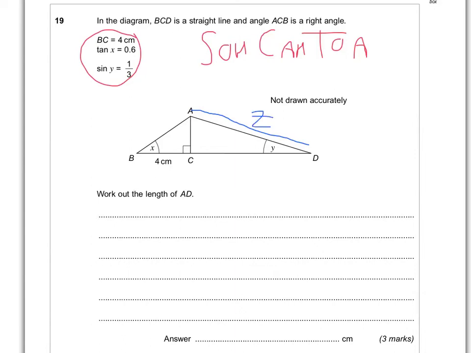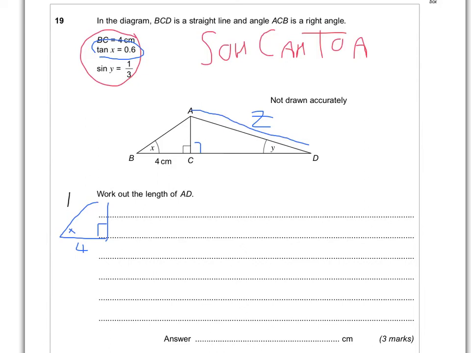And in order to work out from that right angle triangle, I'm going to need to start with the right angle triangle on the left, ABC. So we've got the triangle ABC. We know the angle X. We know this is 4. And because we're given that the tan of X, right back at the top, is 0.6, it really must be to do with the following.